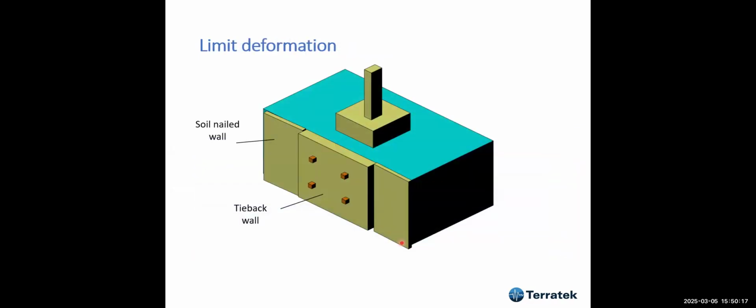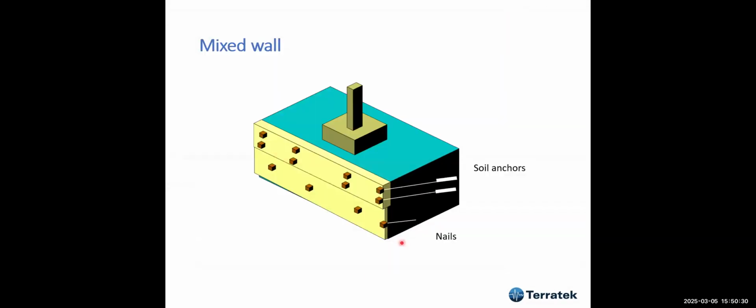And you can come up with a solution like that. For instance, a tied-back wall here and a soil nail wall on the other part in order to prevent large deformation very close to the foundation. And this is a kind of mixed wall in which we can have soil anchors and nails, and these can be analyzed through finite element.